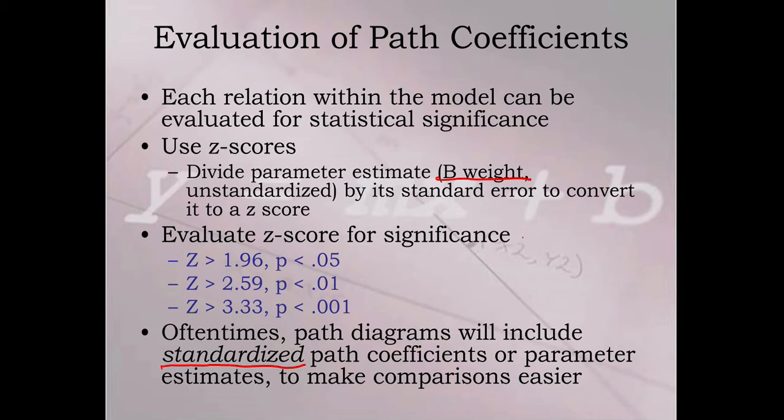So if I see my variable 1 and my variable 2 predicting variable 3, and my beta is 0.15 here, and my beta is 0.30 here, which variable is more strongly predicting 3? Exactly.